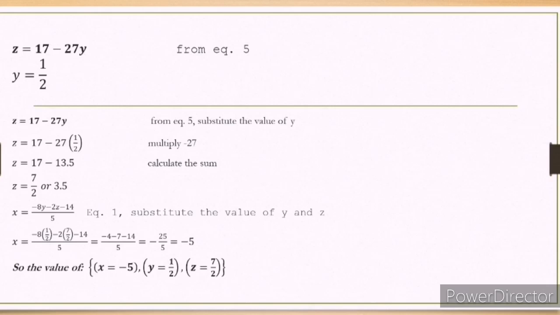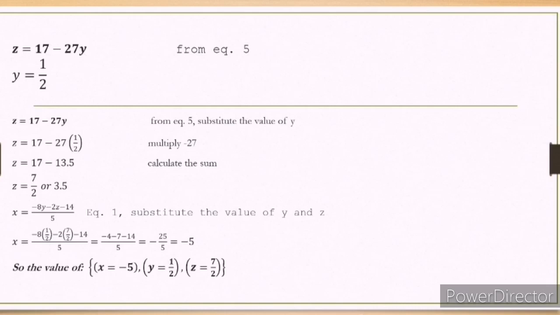Next, we need to substitute the values of y and z into x. From x equal to negative 8y minus 2z minus 14 over 5.